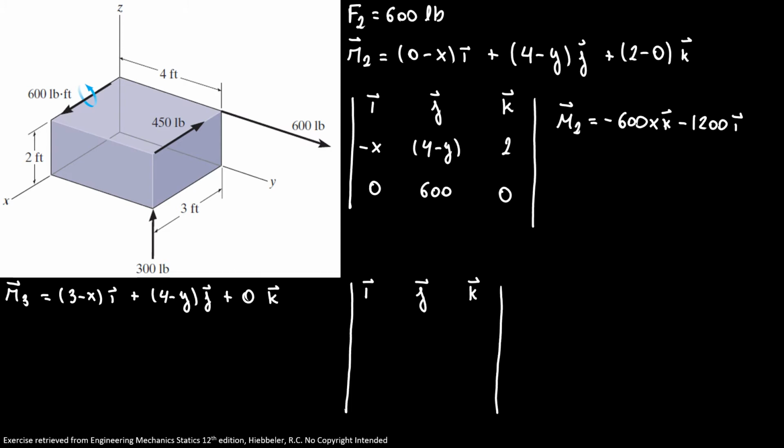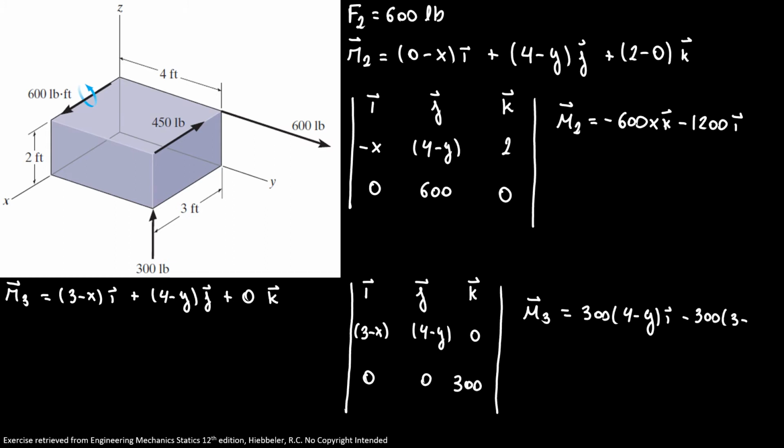Here I have 3 minus x, 4 minus y, and 0, and here I have 0, 0 and 300. So our moment 3 in vector form is equal to 300 times 4 minus y I minus 300 times 3 minus x j. This is our moment 3.